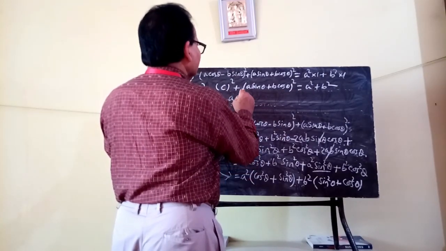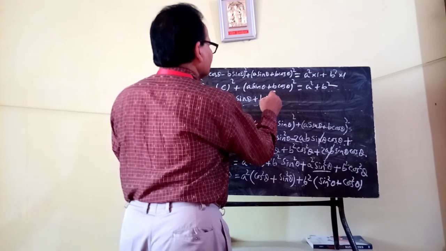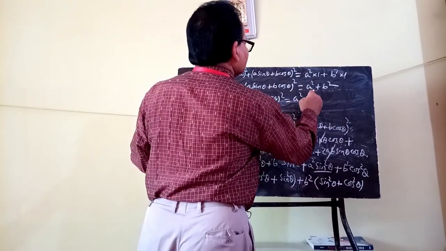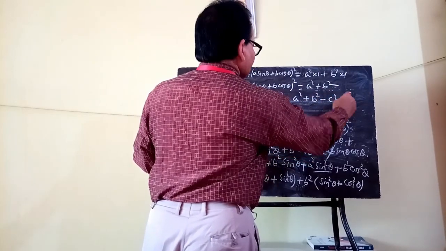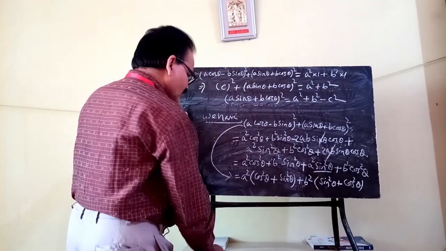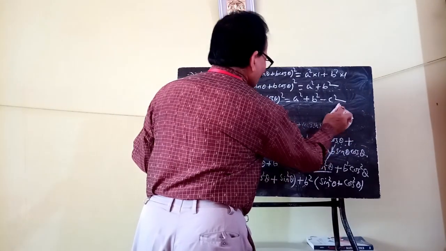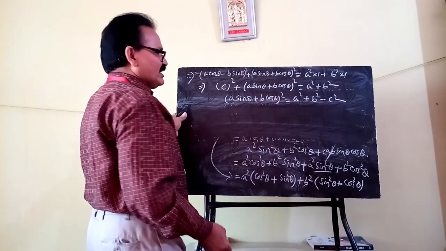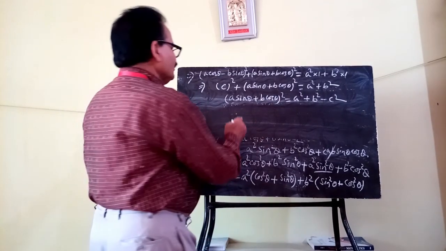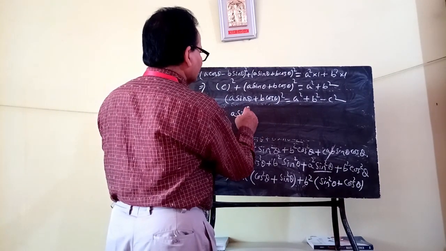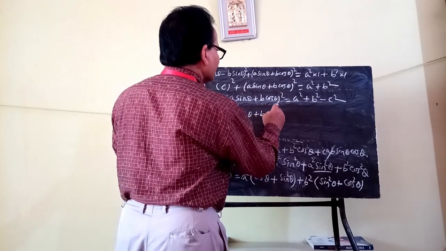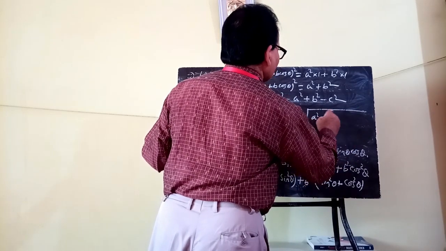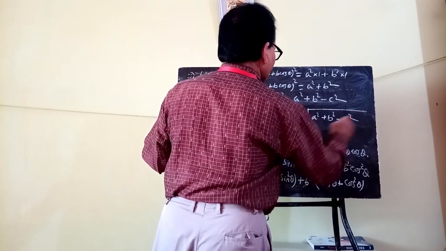Now a sin theta plus b cos theta whole square equals a square plus b square minus c square. Clear? Now you know very well the rules of square root. When you want to remove the square, you have to take the square root. So in this case a sin theta plus b cos theta will be equal to plus minus under root of a square plus b square minus c square, hence proved.